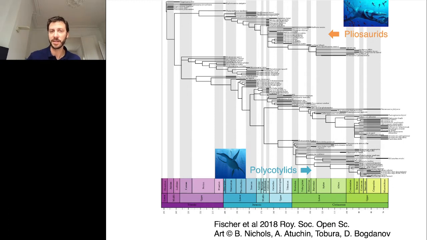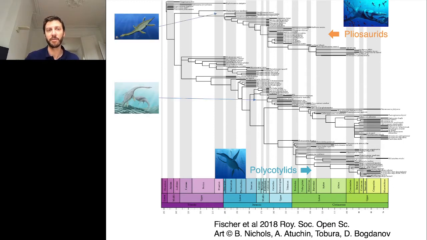What's interesting is that both these clades come from long-necked ancestors, meaning that these two groups evolved a short-necked morphology with a large skull independently from long-necked ancestors. So we feel it was an ideal case where we can test how evolution is happening for plesiosaurians, and how we can maybe reconstruct or visualize some of the constraints of their evolution.